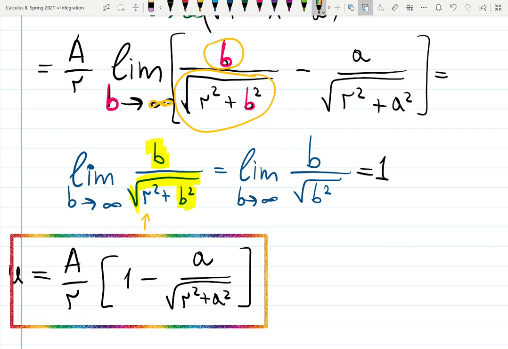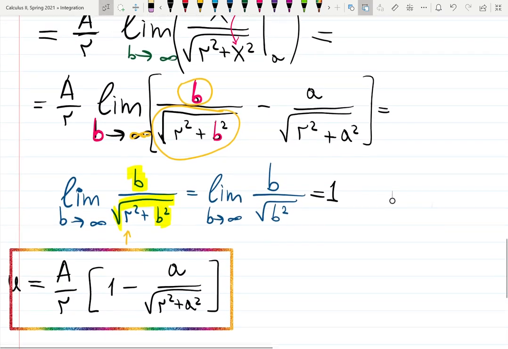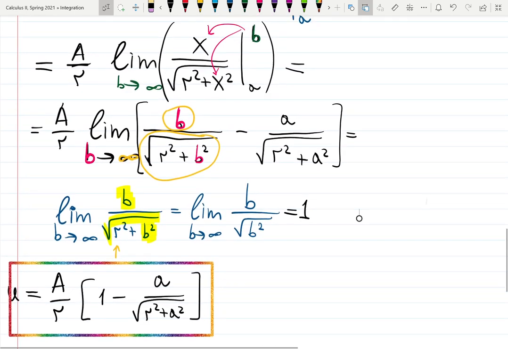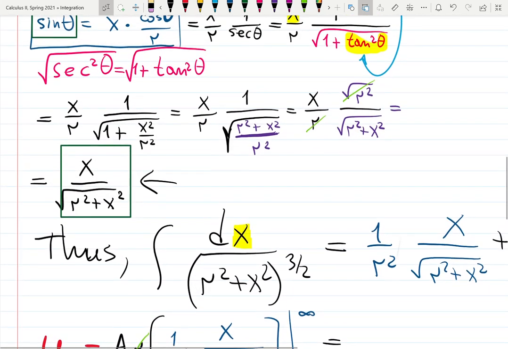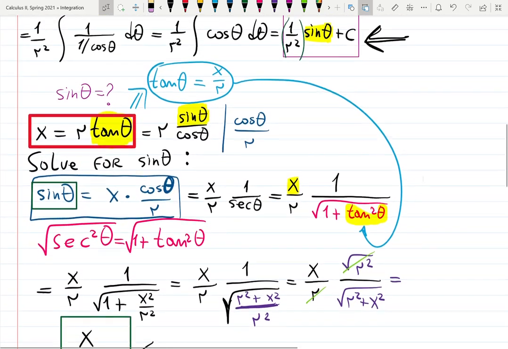How many techniques did we use? 3 or even 4. First, we figured out how to do improper integral. No, improper integral was later. We first figured out that we need to plug in tangent. We finished it. Then we figured out how to convert sine into x.